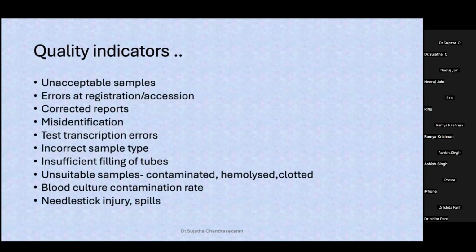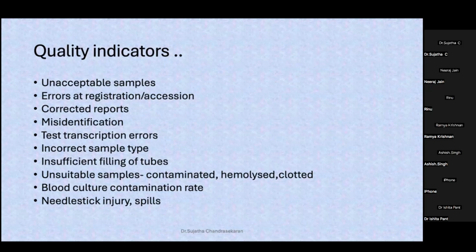Unacceptable samples, errors at registration, corrected reports, misidentification of the patient. Sometimes you might even have to resort to a wristband at the time of registration with a barcode. So many ways are there by which misidentification can be avoided. Then test transcription errors.